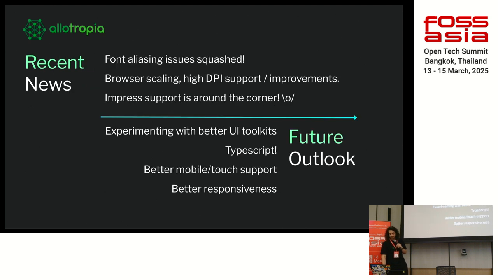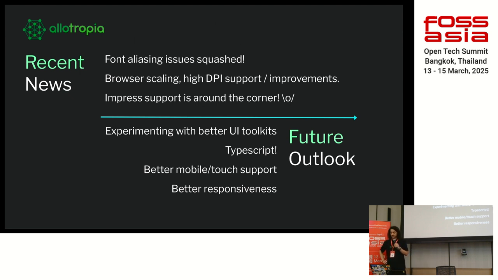I will just go through fast. Maybe some recent news to talk about. Since our last presentation, we had these font aliasing issues from basically the first implementation of LibreOffice WebAssembly. They are gone now. We support browser scaling and some high DPI. Impress support is around the corner. It's almost done. Have a look at it.